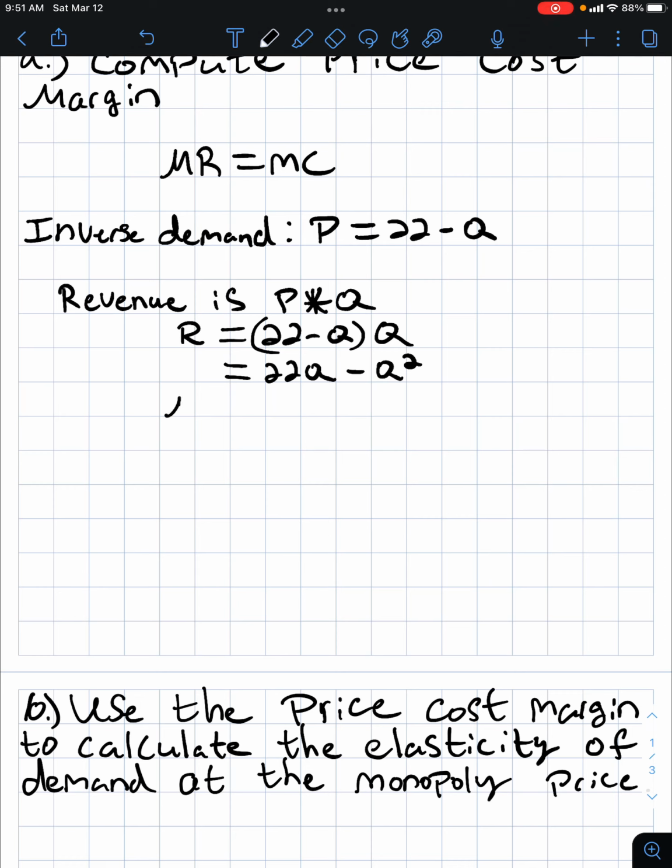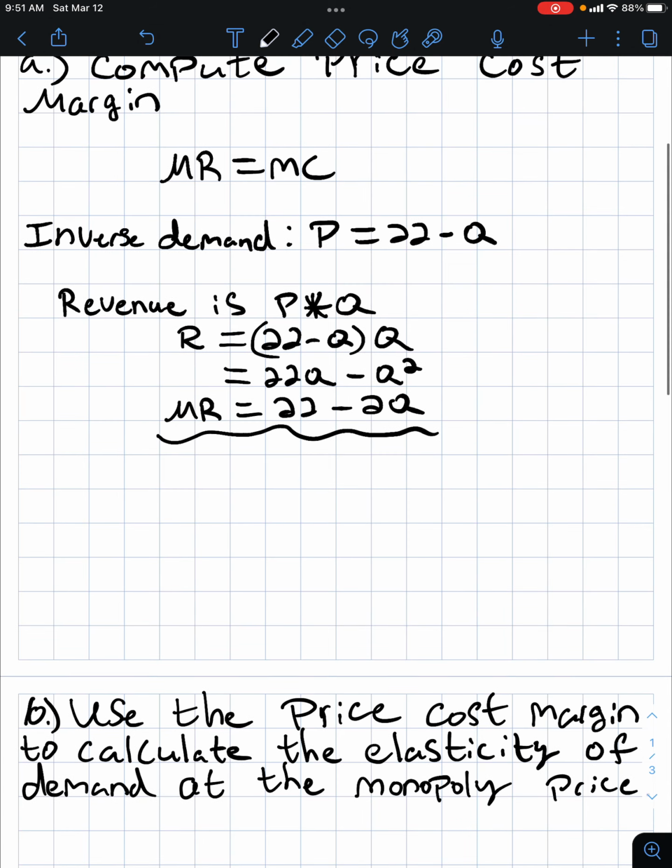So our marginal revenue is equal to the derivative of our revenue function with respect to Q, or 22 minus 2Q is our marginal revenue.